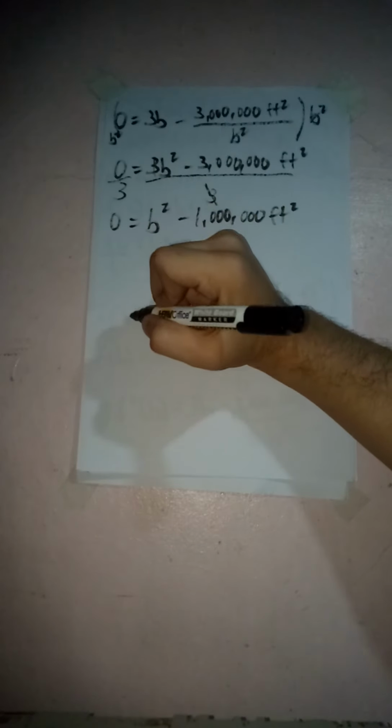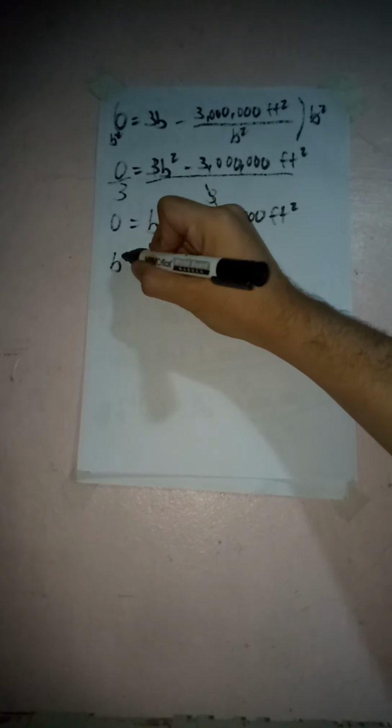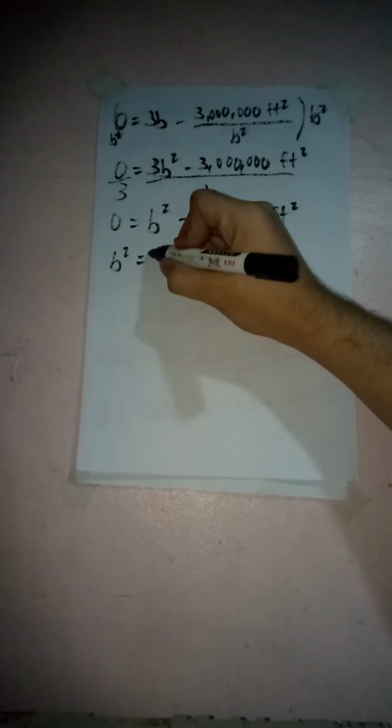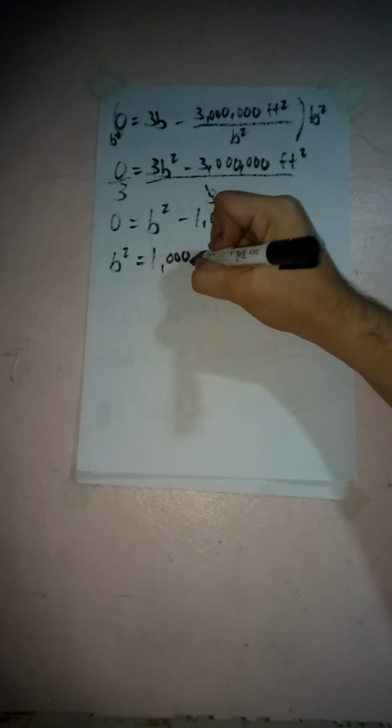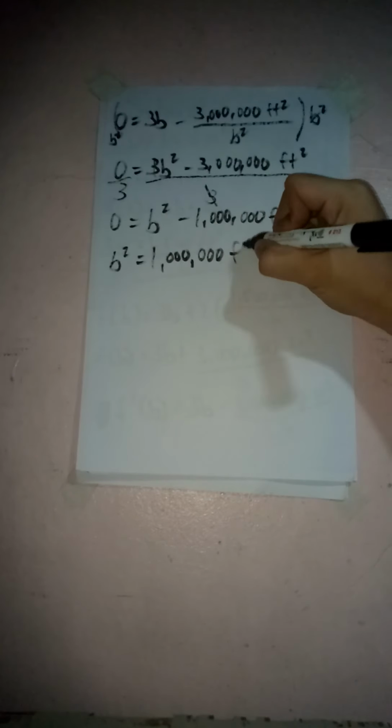And now we are going to transpose this to the other side. So we would have a positive B squared equals positive 1 million feet squared.